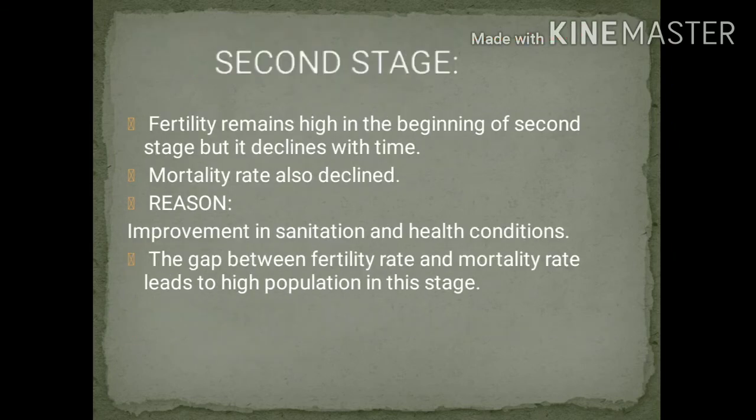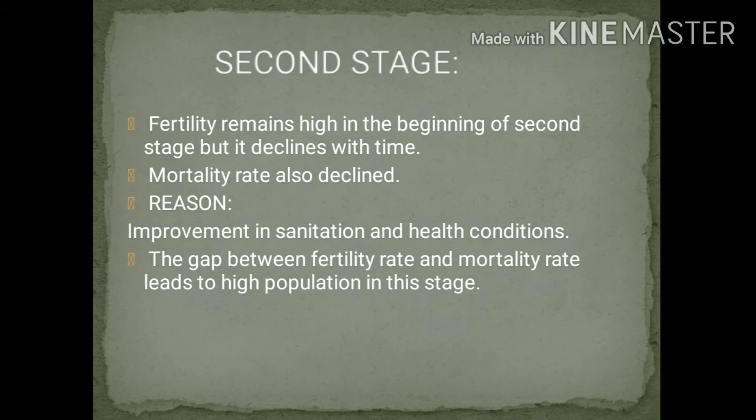Now second stage. In the second stage, fertility is still high in the beginning, but it declines with time. Mortality rate in this stage also declined. There are certain reasons for that, that is improvement in sanitation and health conditions, because of which we have overcome the problem of mortality rate.